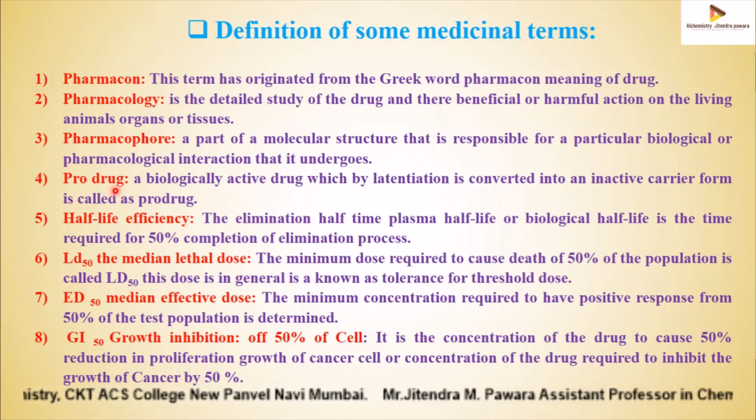It is one of the functional groups responsible for the particular biological or pharmacological action of that drug. The next term is prodrug. What is a prodrug? A biologically active drug which by latentiation is converted into an inactive carrier form is called a prodrug.